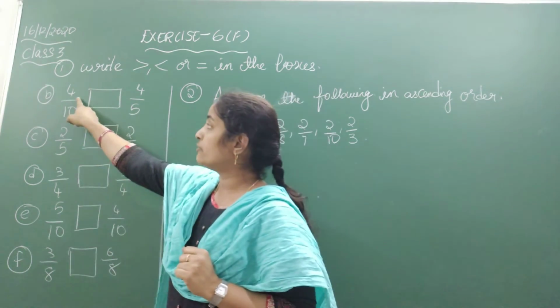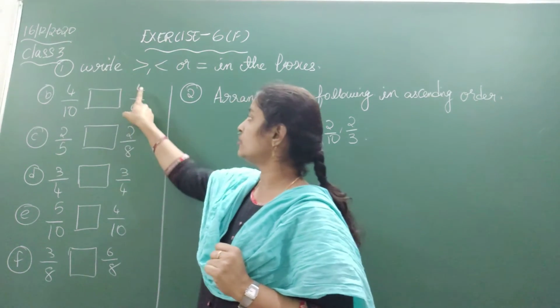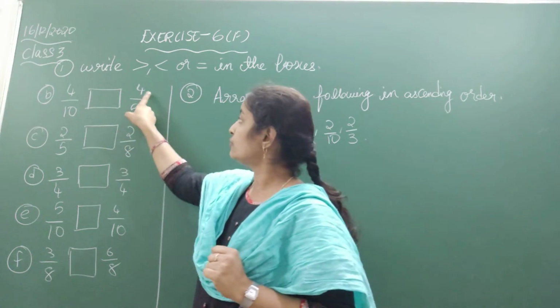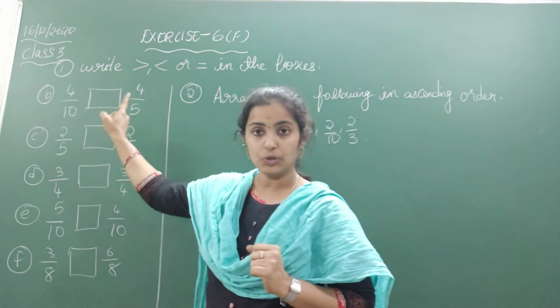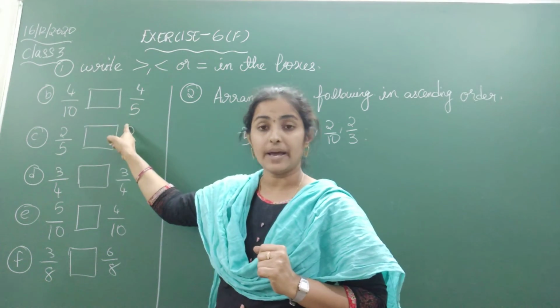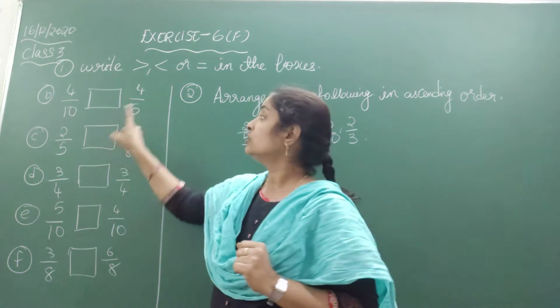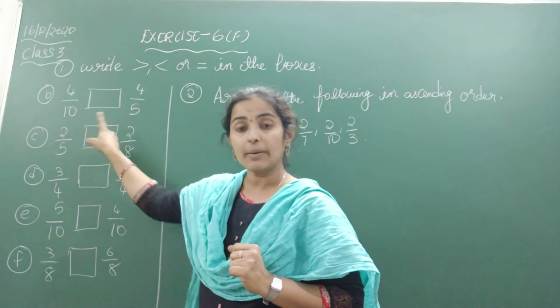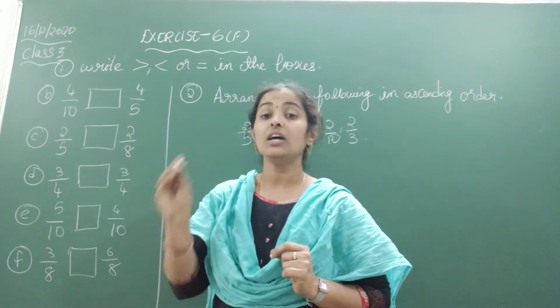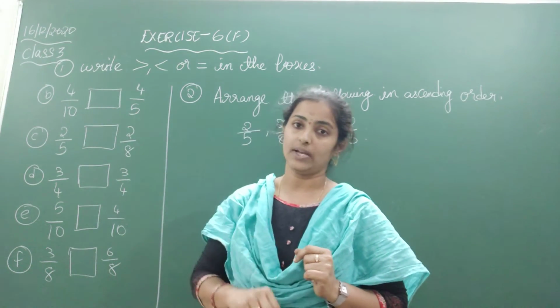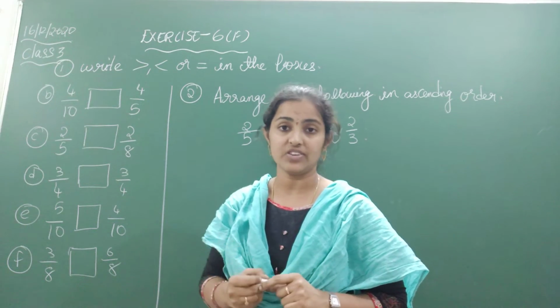Now look here, 4 upon 10 and 4 upon 5. We have the same numerator, so we need to compare the denominators. In the denominator, the smaller number gives the greater fraction, as we saw in the previous class.